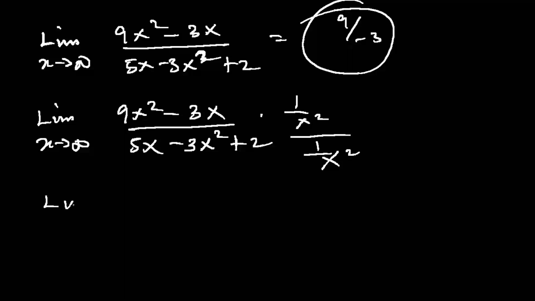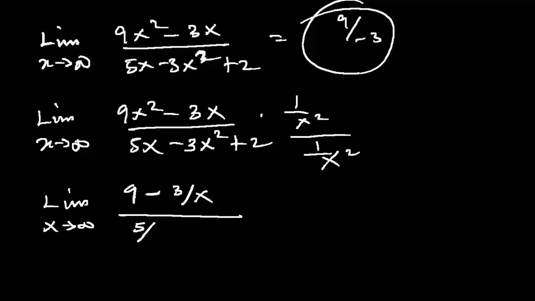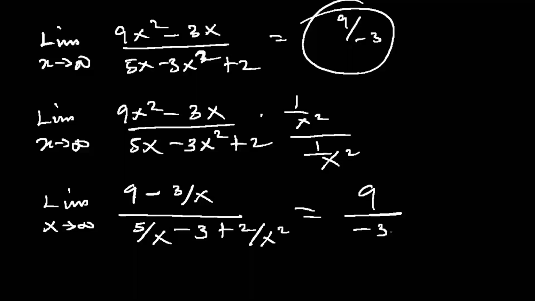So that will make this the limit as x tends to infinity of 9 minus 3 over x, divided by 5 over x minus 3 plus 2 over x squared. So at infinity, you have this to be 9 all over minus 3, which is the same thing as negative 3.